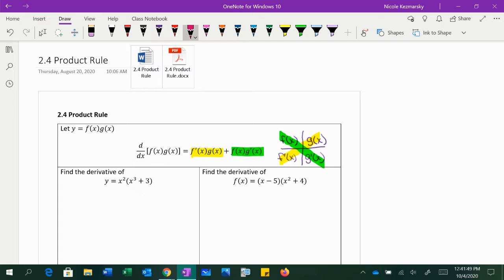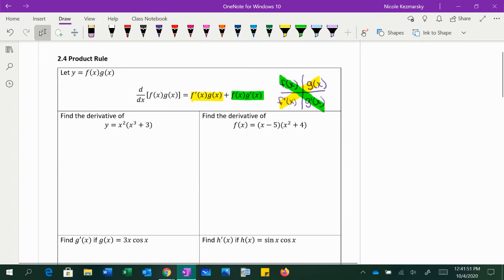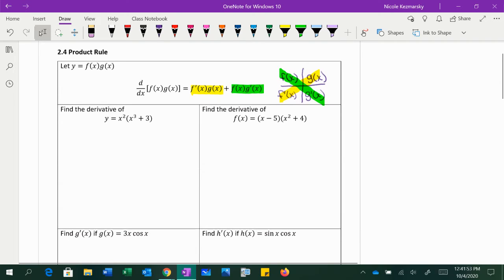Now when we do the product rule, we have to identify our two functions. So what you want to find is two things with x that are being multiplied together. So in this function, I'm looking for where the multiplication is. When I look for the multiplication, I see that x squared is multiplied by the parentheses.